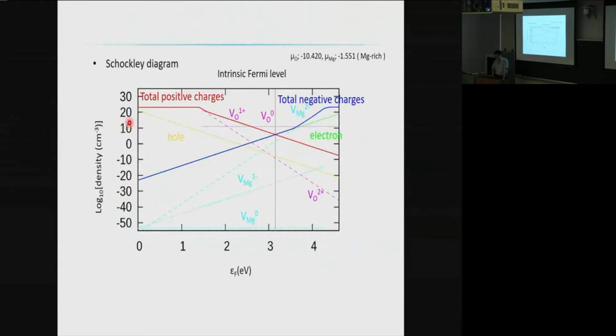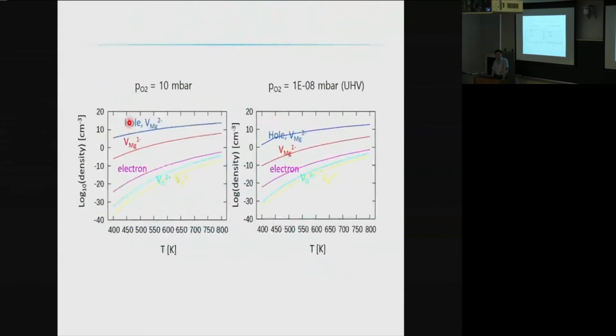You have learned how to calculate the photon absorption and emission spectrum from this transition level diagram. So that's the end, and I welcome any questions or comments.